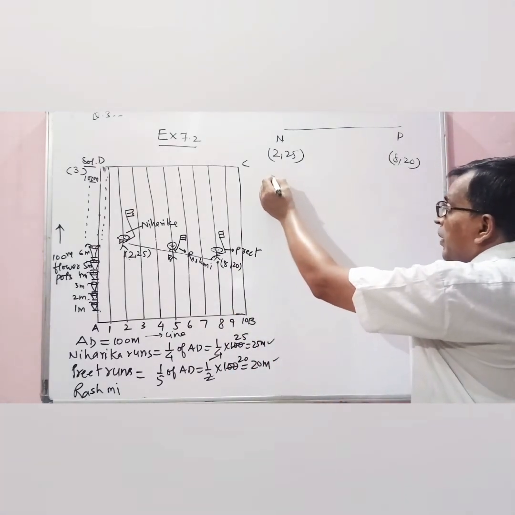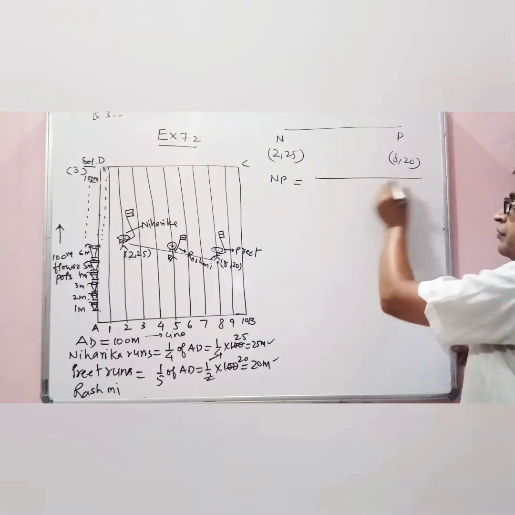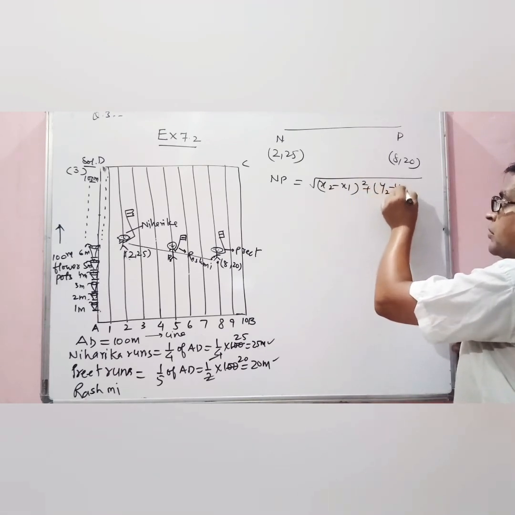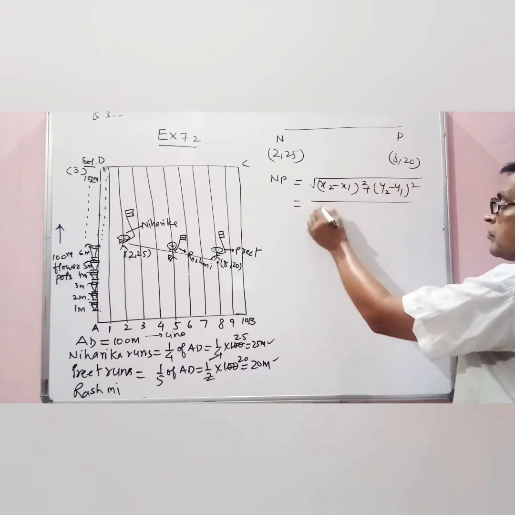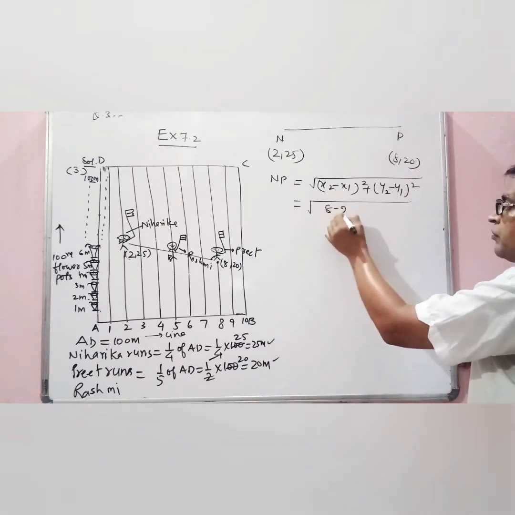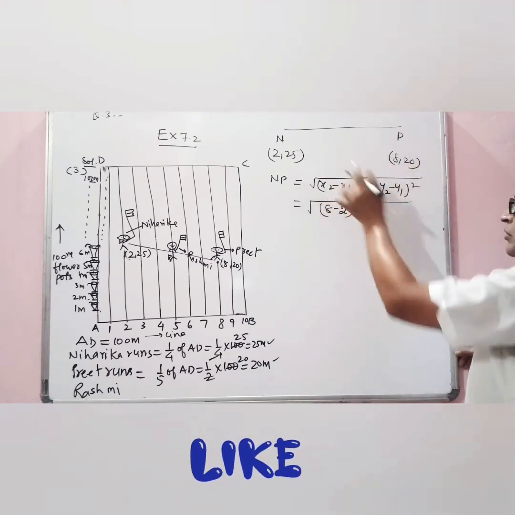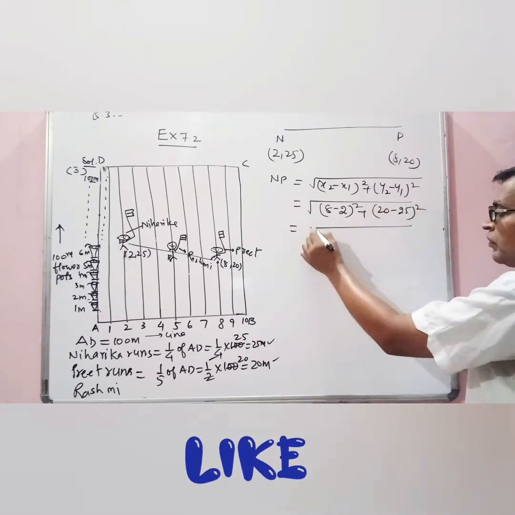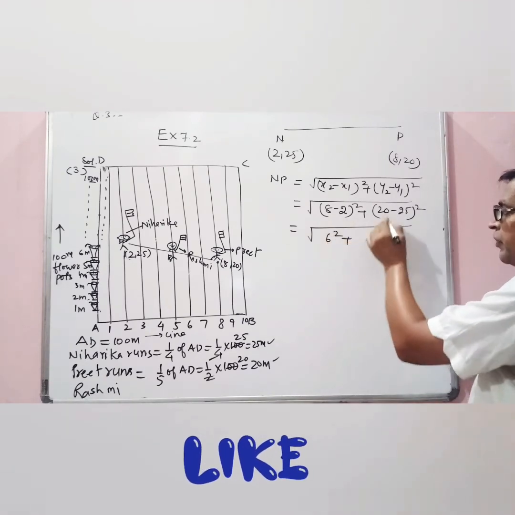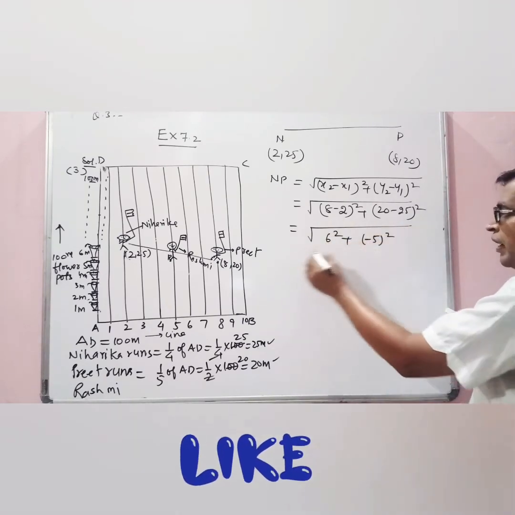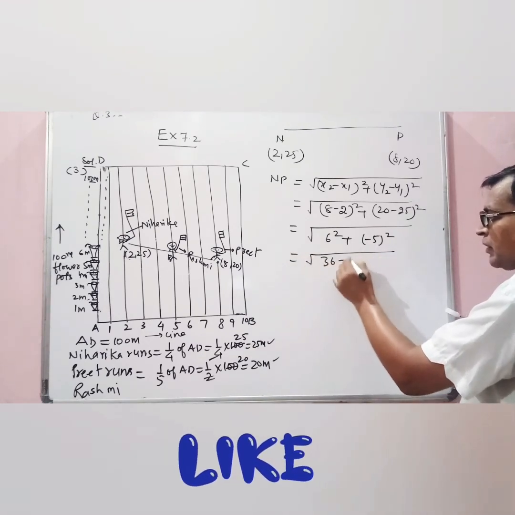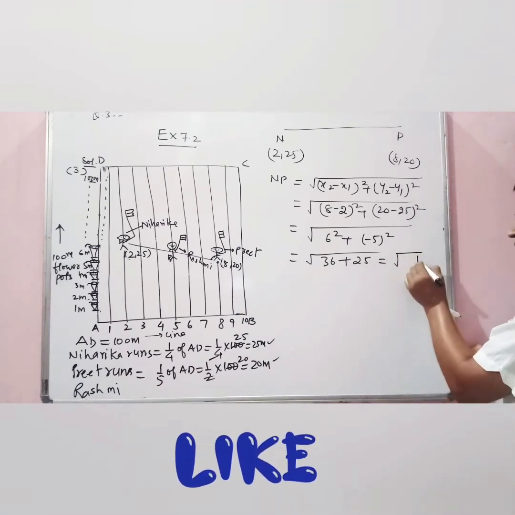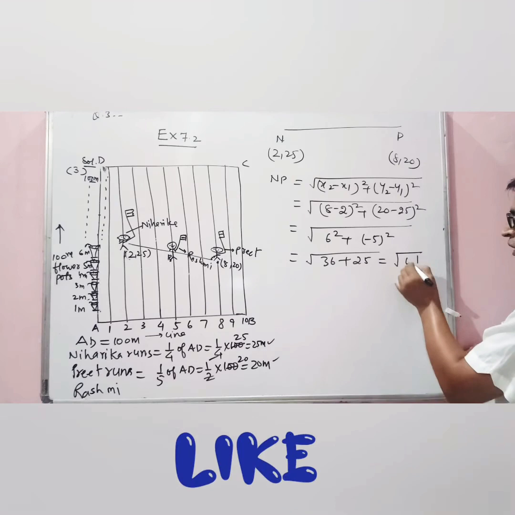Now distance NP using distance formula: square root of x2 minus x1 squared plus y2 minus y1 squared. 8 minus 2 squared plus 20 minus 25 squared. 8 minus 2 is 6, 6 squared; 20 minus 25 is minus 5, minus 5 squared. 36 plus 25 equals 61.